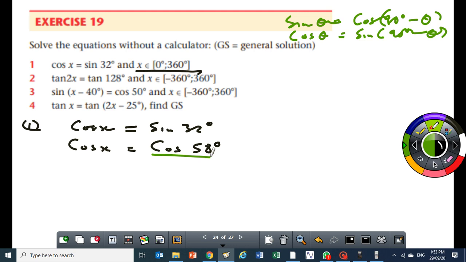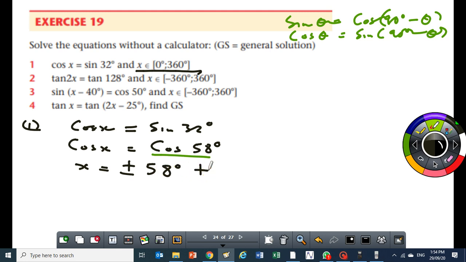Okay? But the 58 is in the first quadrant. It has got a corresponding angle in the fourth quadrant. Remember, cos is positive in the first quadrant and the fourth quadrant. So you can write it as x is equal to plus or minus. Now our reference angle is 58. This angle of 58 becomes our reference angle, so it becomes plus or minus 58 degrees.